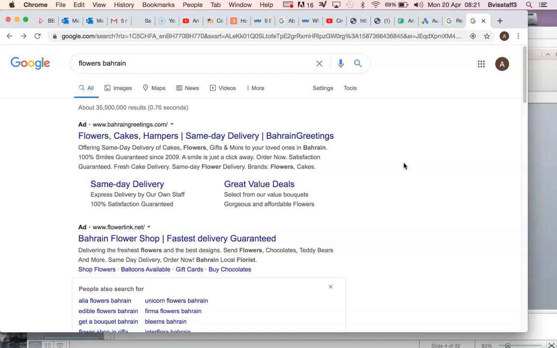Well, when you're setting up Google AdWords as a business, so if I've set up flowerlink.com or .net, well, I decide on how much budget I'm going to allocate every day to be allowed to spend on Google.